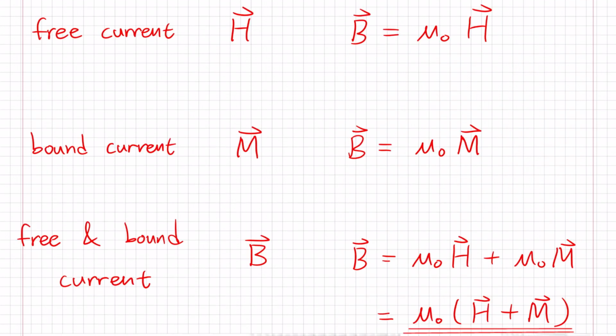The relationship between magnetic field intensity and magnetic flux density is B equals mu0, the permeability of free space, times H. Bound current generates magnetization, so B equals mu0 times M. Putting both together, B equals mu0 times the sum of H plus M.